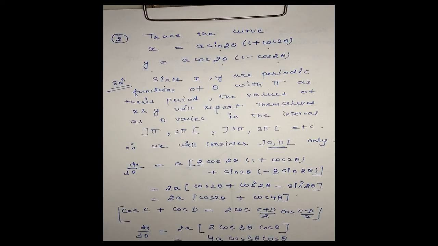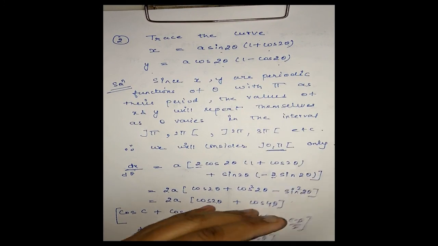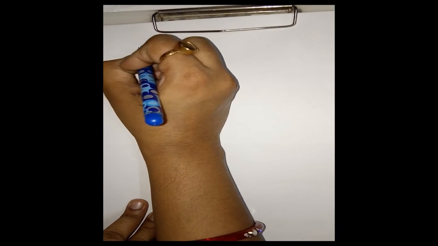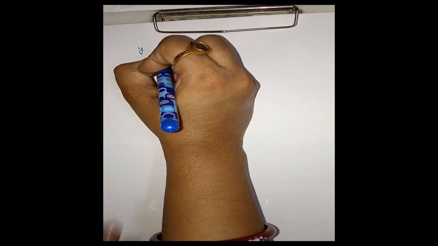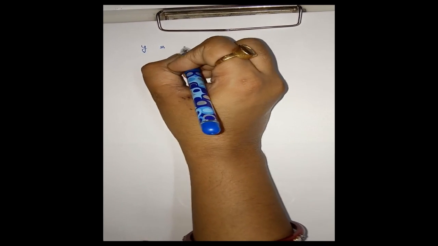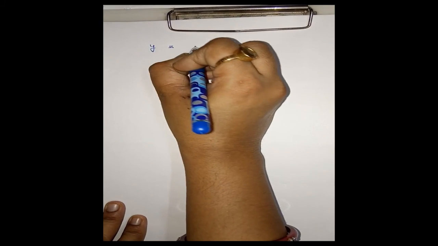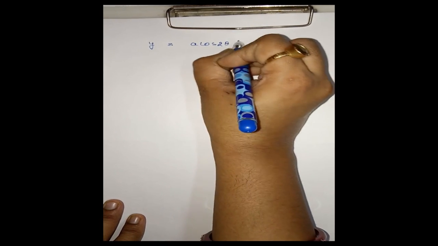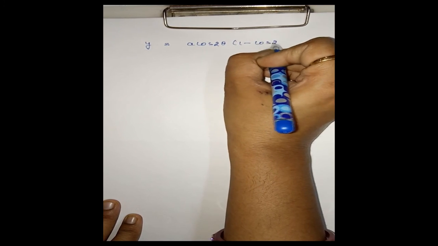In the same way we have to find dy by d theta. Now y is a cos 2 theta (1 minus cos 2 theta).